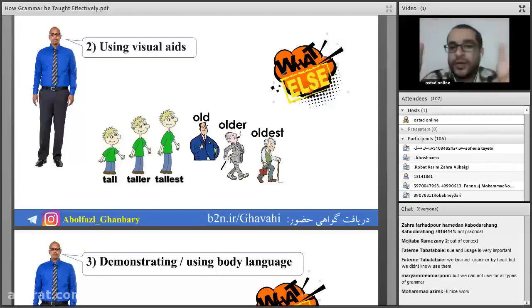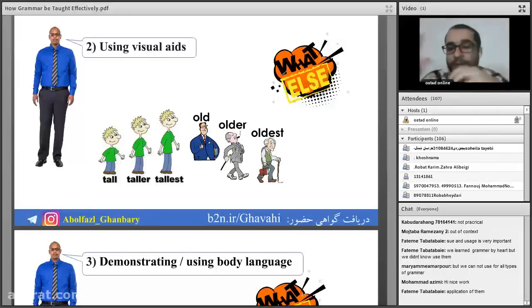There is no need. Just showing pictures, yeah, nice, tall, taller, tallest, old, older, oldest, can help learners understand the meaning more effectively and easily, without, I think, without any explanation. Yeah, there is no need for explanation.